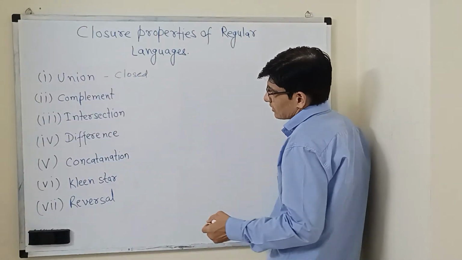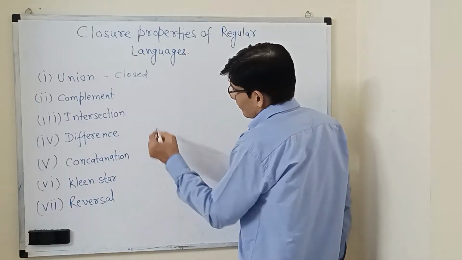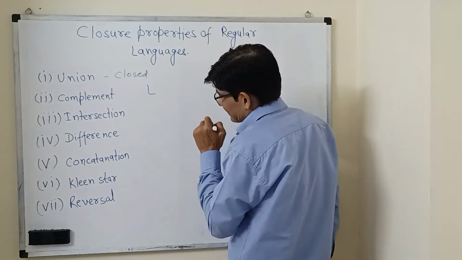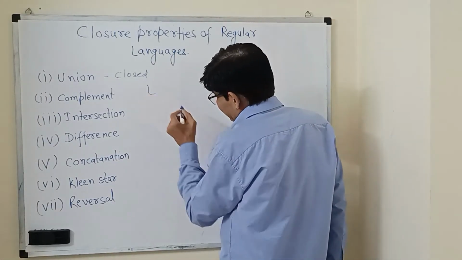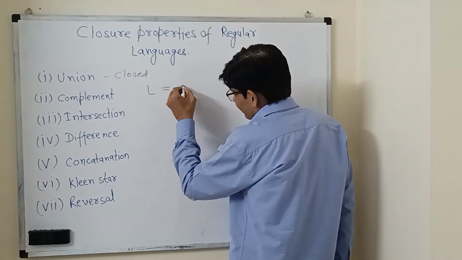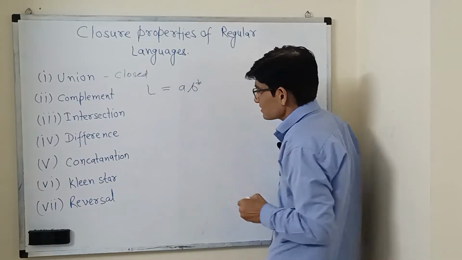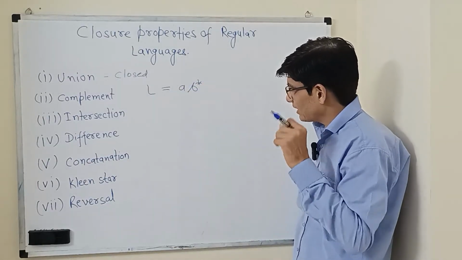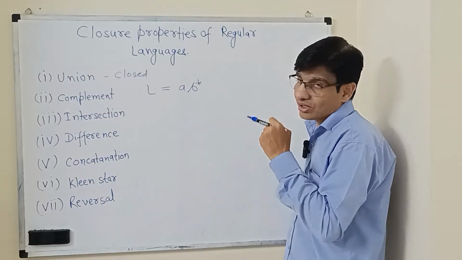Now let's take another operation, the complement operation. Let's consider L as already a regular language. Now, if it is a regular language, then we can definitely write a regular expression for this. So I can write A B star. That means it will accept all strings starting with A, then having any number of B's.